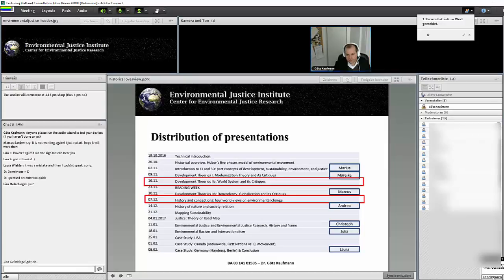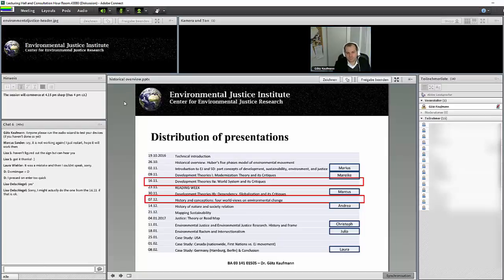Okay, Dominic. Dominic, you can speak. You have speaking rights. But what you need to do is enable the microphone. You see the microphone sign on the top, but it's gray. If you click on this, it turns green, and then you can speak and we can hear you.